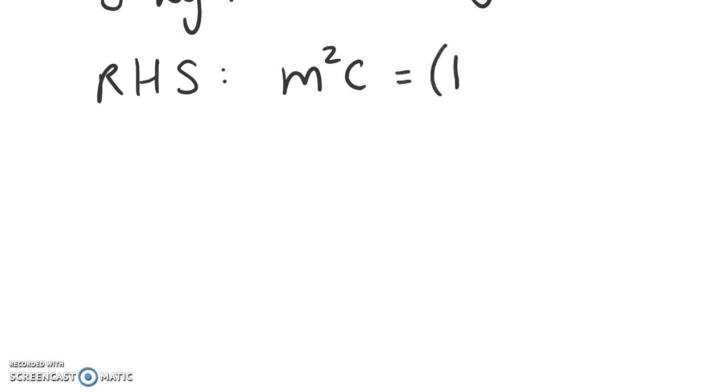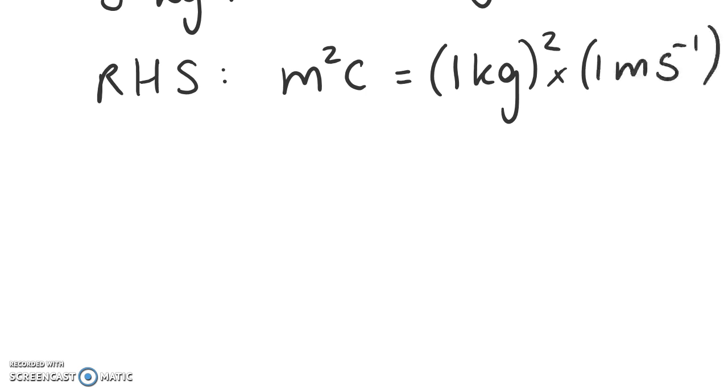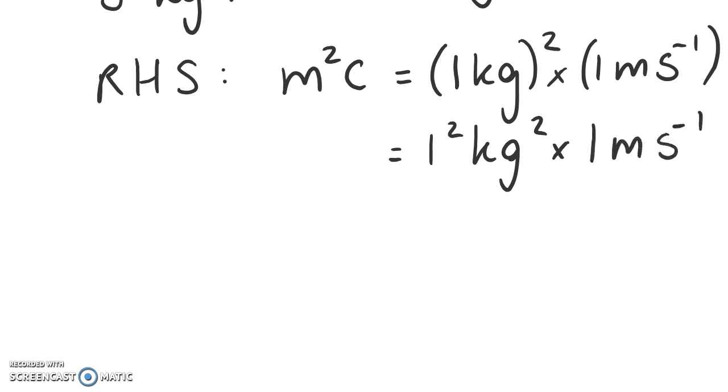So we have 1 kilogram squared times 1 meter per second. Okay, so we have 1 squared kilogram squared times 1 meter per second. Our 1 squared times 1 is just 1.